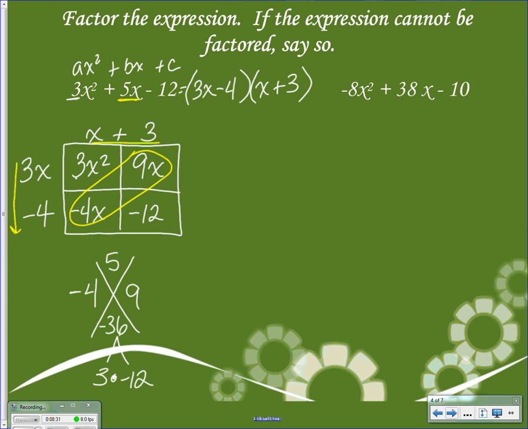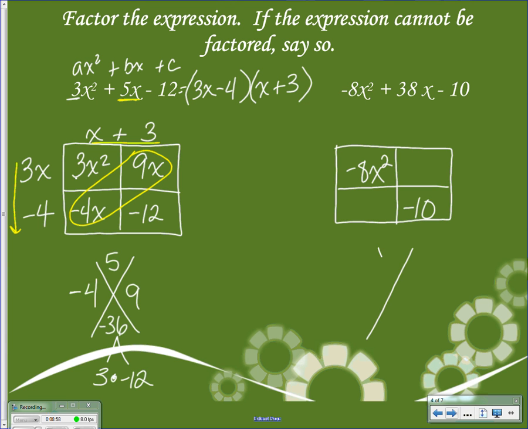So I'm going to do the same thing over again with my other equation. I'm going to write a little smaller this time so it fits. So I've got my square. A term goes in the top box, negative 8x squared. My c term goes in the last box. And then I want to make an x here.